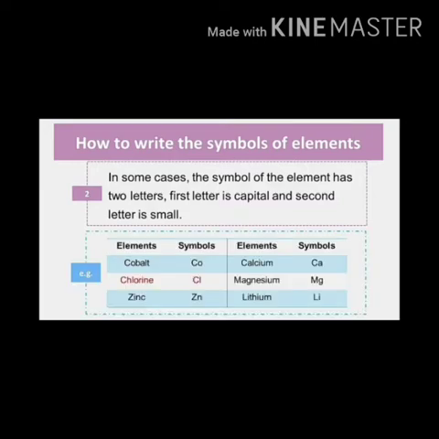Now look at the examples: cobalt, capital C and O, where the O is small. Chlorine, Cl, C capital, L small. Zinc, Z capital, N small. Calcium, C capital, A small. Magnesium, M capital, G small, Mg. Lithium, Li, L capital and I small. In this way, two letters are taken.